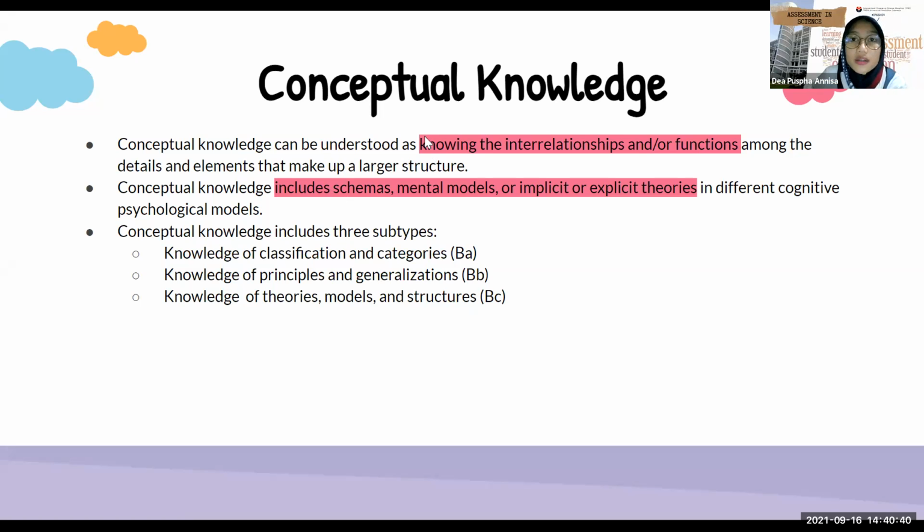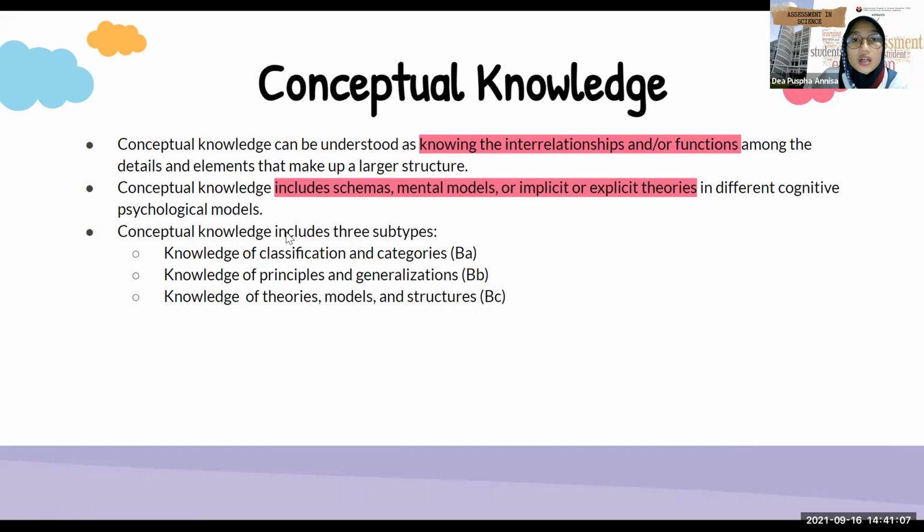So for the conceptual knowledge, this conceptual knowledge can be understood as knowing the interrelationship and/or function among the details and elements that make up larger structures. Conceptual knowledge includes schemas, mental models, or implicit or explicit theories in different cognitive psychological models.